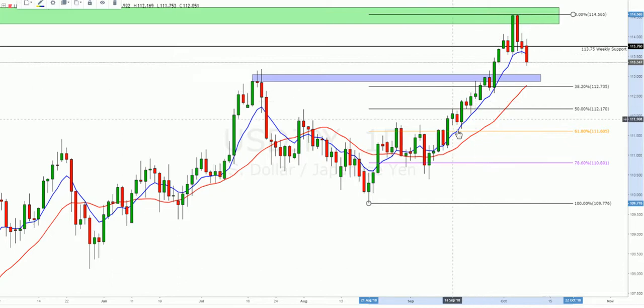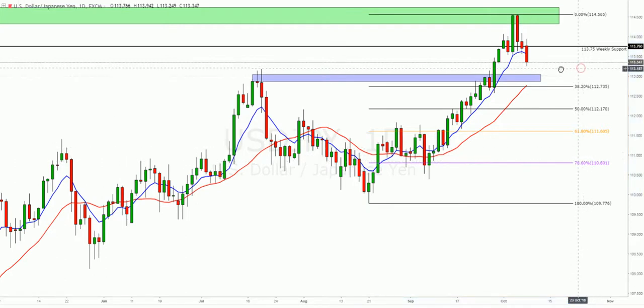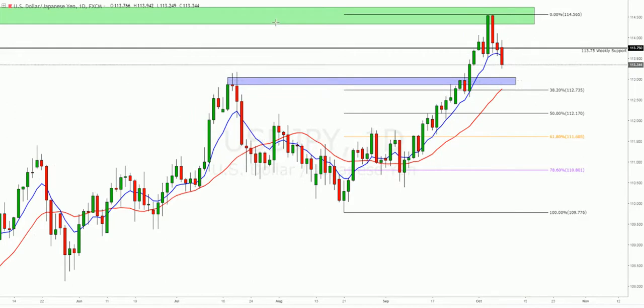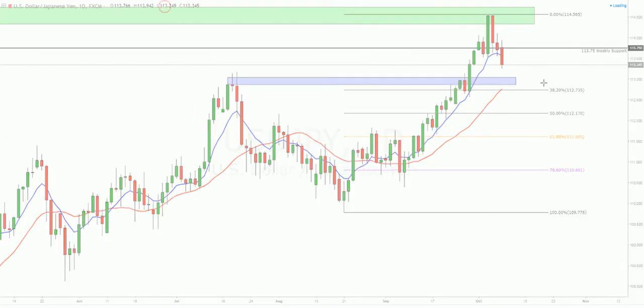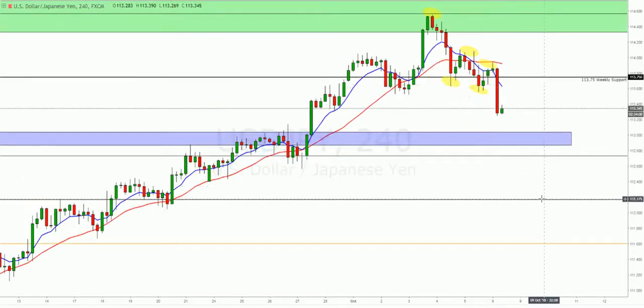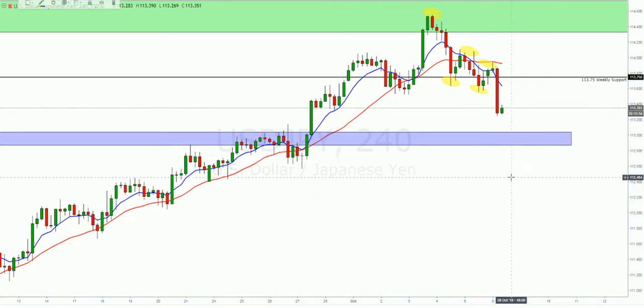I mean, this has price with the potential to come all the way down to this 110.80 level, while still being bullish. However, first target is 113 before assessing the 112 and 111.50 level. So much the same story here on the 4-hour time frame.